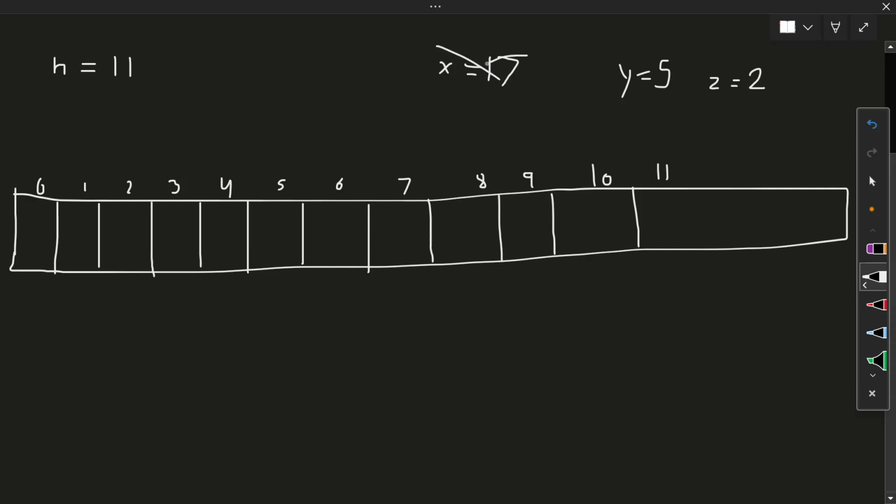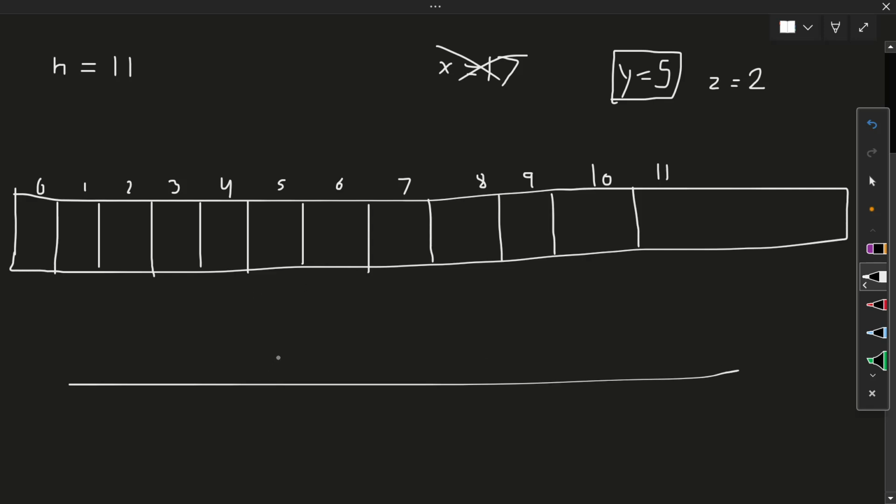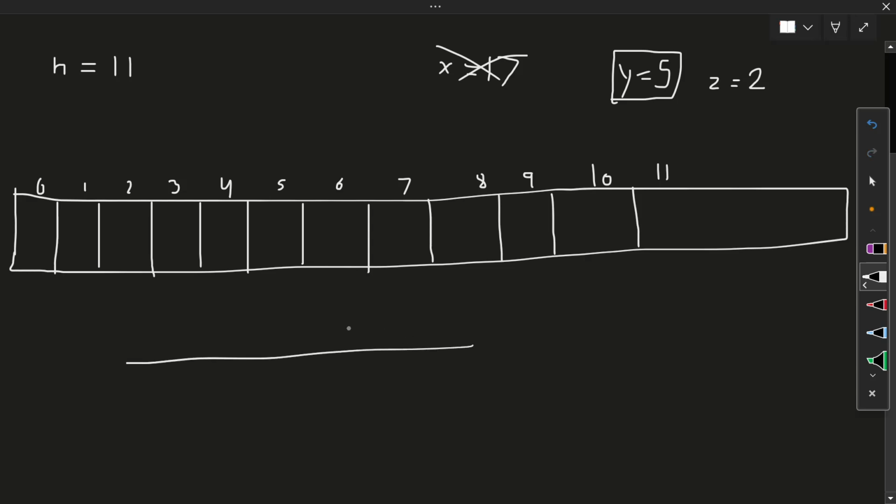So this we cannot use. Next variable we have y, so it is 5. We iterate from 5 onwards. Suppose there is only one segment of length 5, so the answer is 1. So we start from 5. For 5 length the answer is 1. For 6 length, we cannot divide it like this.